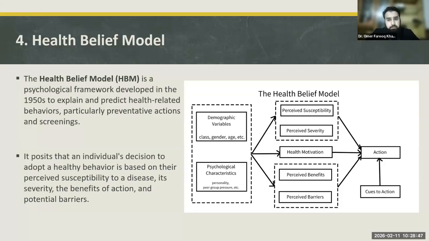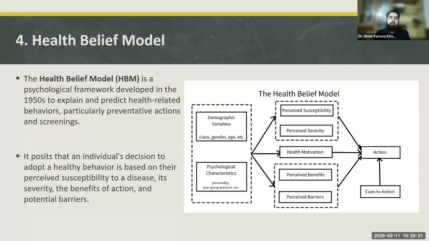So, perceived susceptibility, perceived severity, and then health motivation, then perceived benefits of taking care of those aspects, and then perceived barriers, that if they do get sick, what will happen to them, how will they get treated, whether they will be admitted in hospital or not, and then they get cues to action via this pathway.